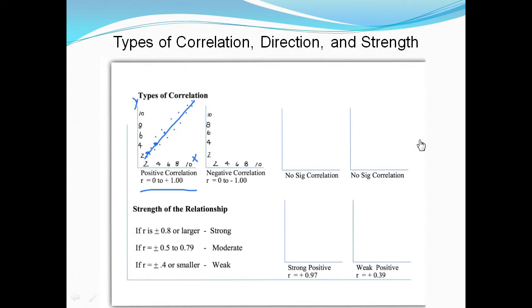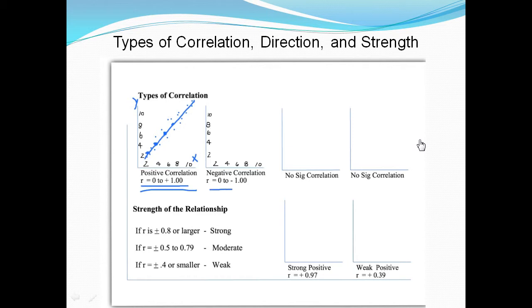A 6 on both, as one goes up, the other goes up. And sometimes our data points fall outside of that line, but they both increase together, or they both decrease together. You'll notice that my R value is going to be between 0 and a positive 1.00.